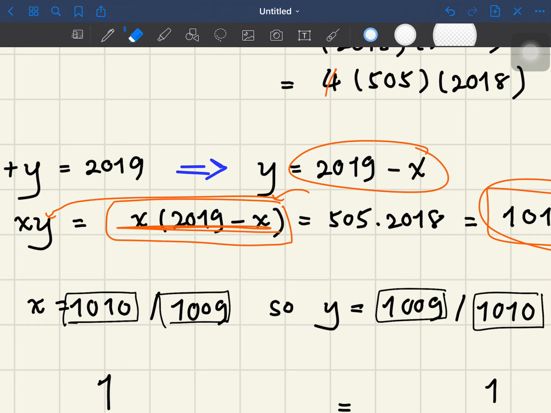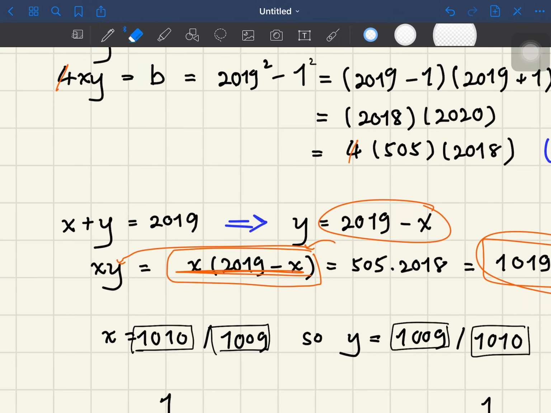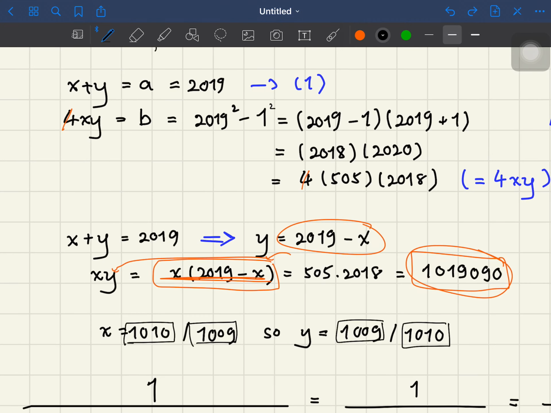You just have to care that the numbers x and y are interchangeable, since they are only involved in addition and multiplication, so the operations don't affect the results.